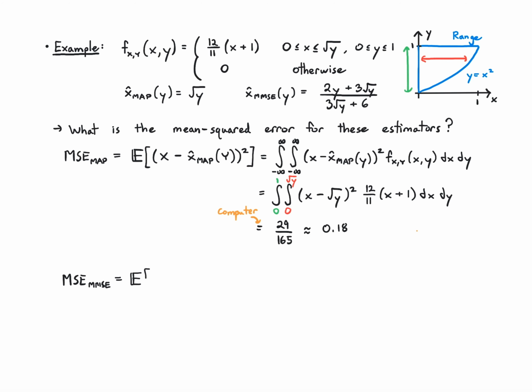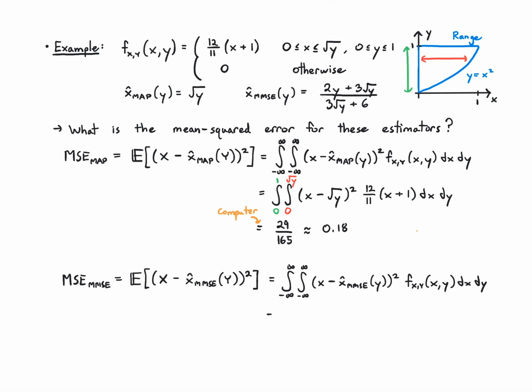For the MMSE estimator, I'm going to have to plug in the conditional expectation, which we already worked out. The abstract form of this is the double integral across x and y of (x minus the MMSE estimator) squared times the joint PDF, dx dy. So I plug in the integration limits, 0 to 1 again, 0 to √y, x minus (2y + 3√y)/(3√y + 6).